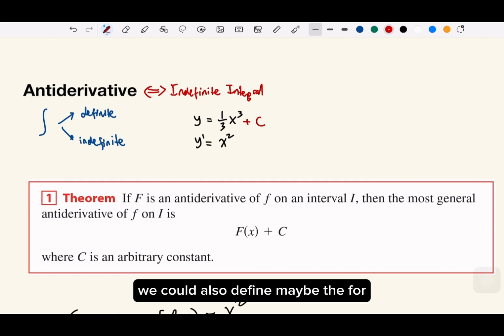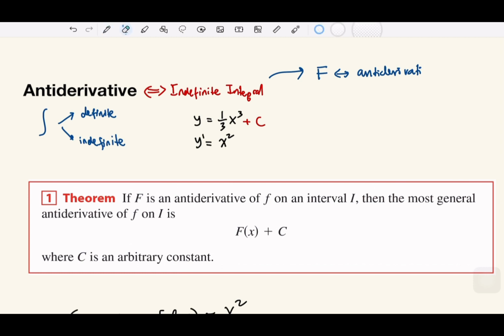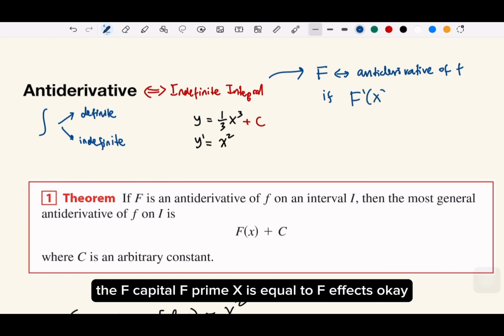We could also define, maybe for the beginning, before that, that the capital F is an antiderivative of f if the capital F prime of x is equal to f of x.